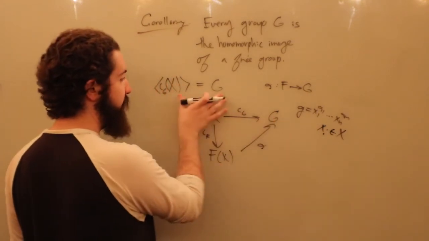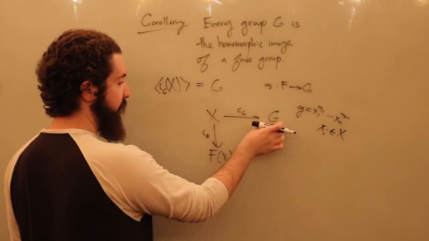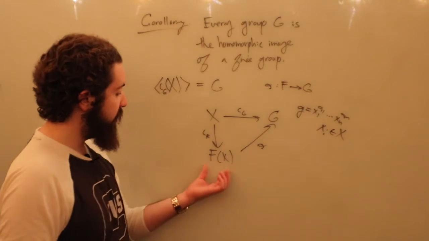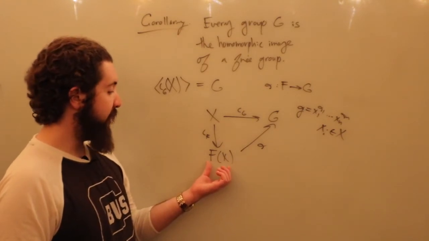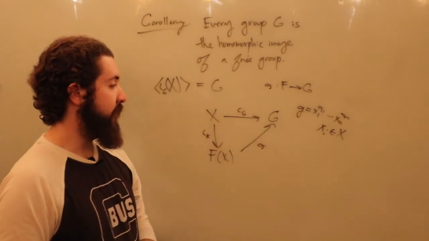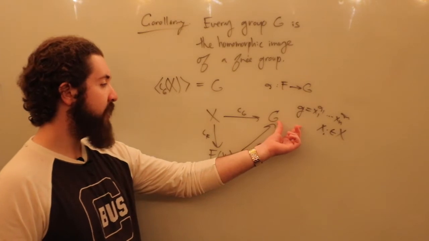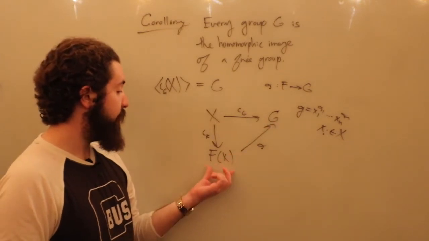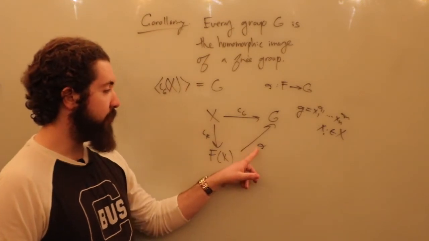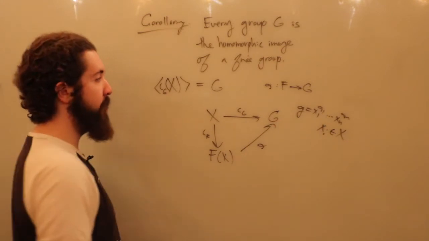So by definition, G can be generated by that, but each element can be traced back to here and also be mapped into a word here, so that every word in F of X gets mapped to an element in G, and every element in G has an element in F mapping to it. In other words, this is not only going to be a homomorphism from F to G, but it is going to be an epimorphism.